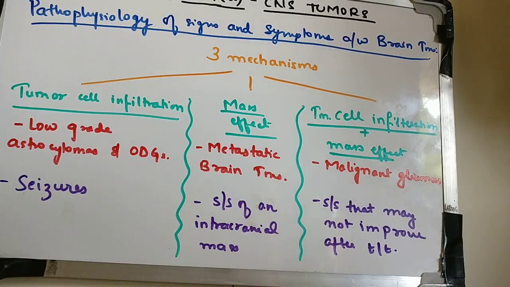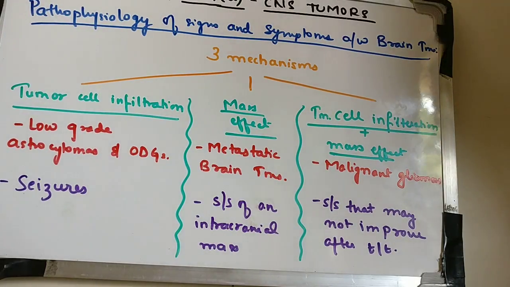Now tumor cells can also grow into a mass. They are going to displace but not destroy the surrounding brain tissue. So you can imagine a tumor causing mass effect, that is, it is displacing the normal tissue. Because the skull is a closed cavity, in the same space, both the growing tumor as well as the normal brain parenchyma are residing. So they are competing for the space.